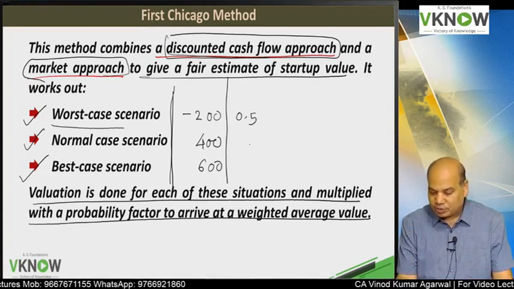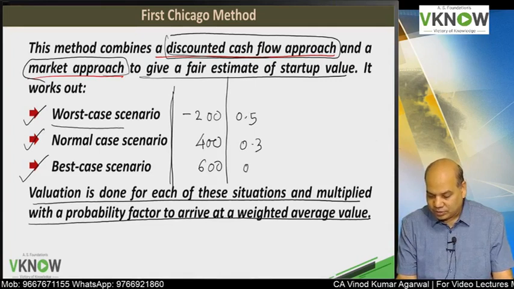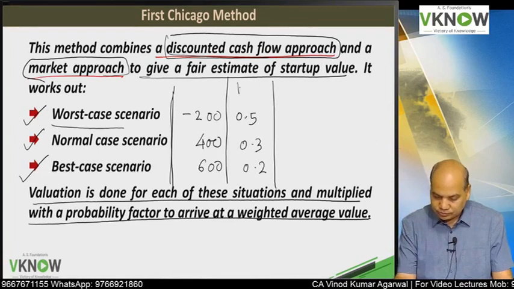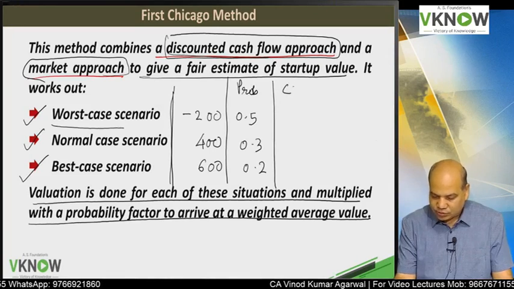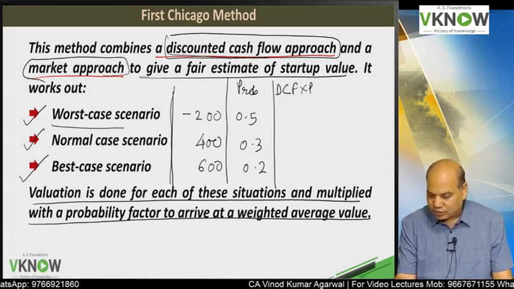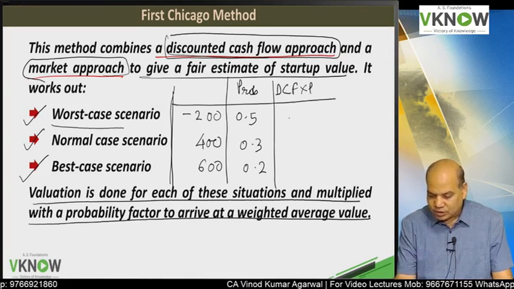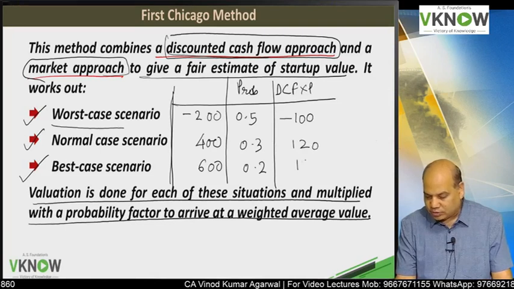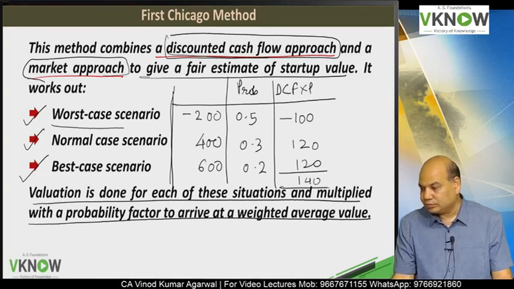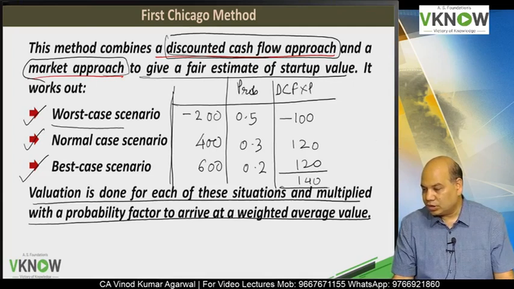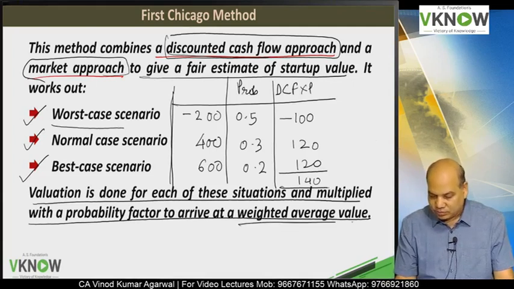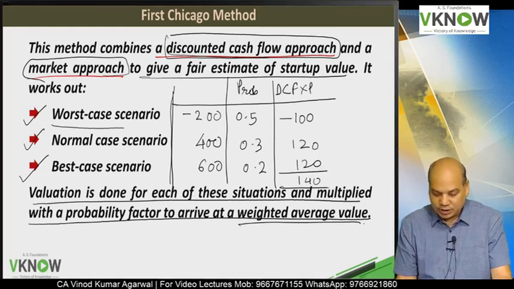Say for example 0.5, 0.3, 0.2, and then multiply the cash flow into probability or DCF into probability. What is the answer? This is 100, this is 120, this is 120, and the total is 140. Total is 140, and that is how the First Chicago method would be applied.